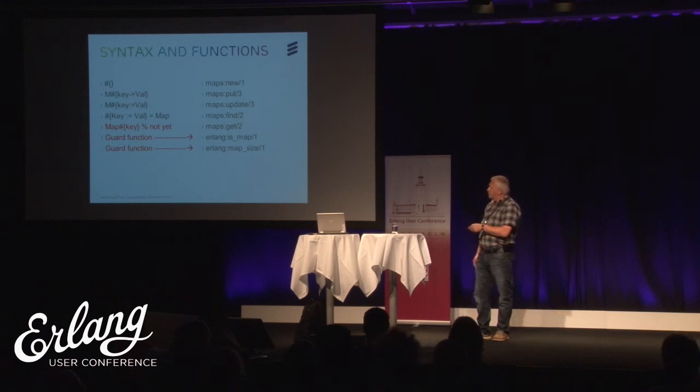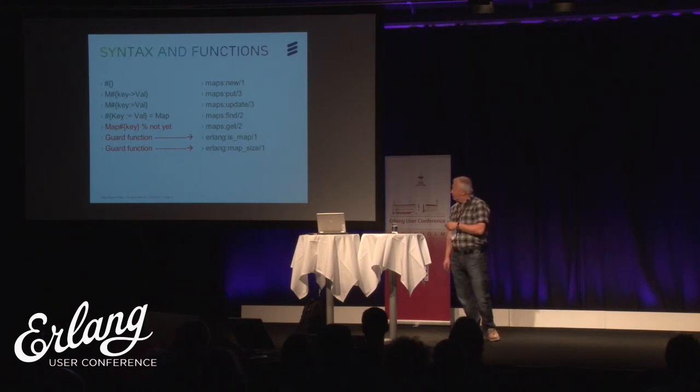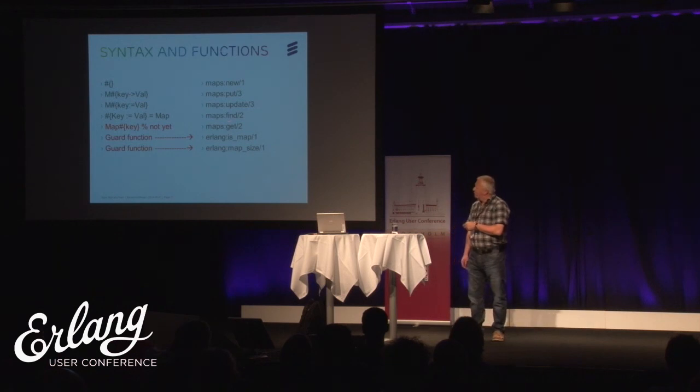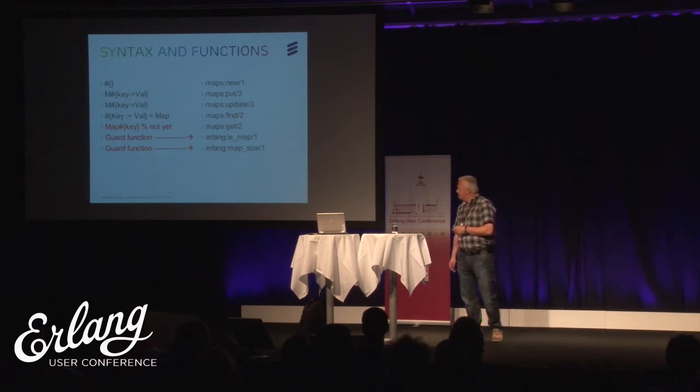The matching here is you can match out a key and value, and you can do the same with a find function, but it returns tuple OK, comma, result here, or error.